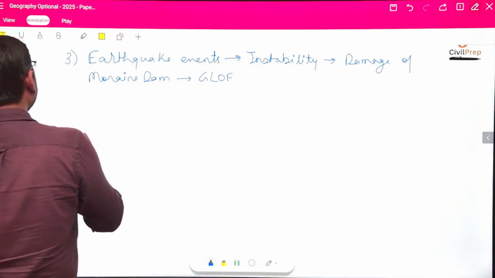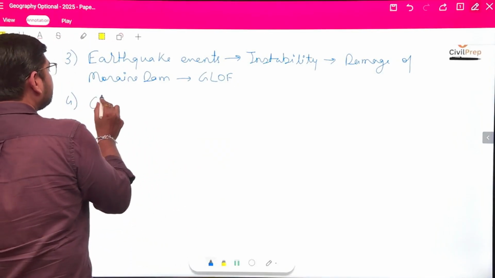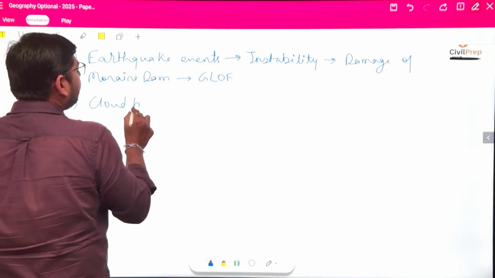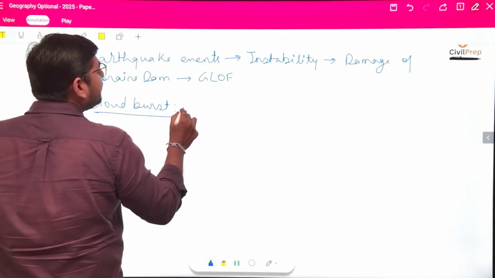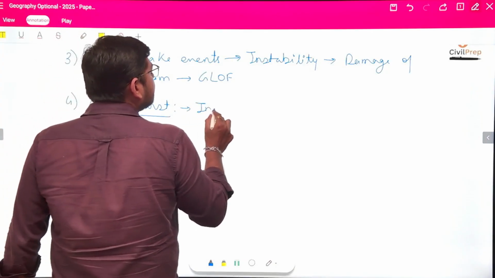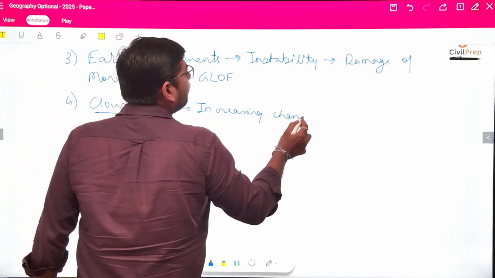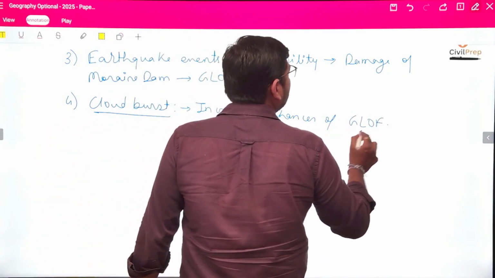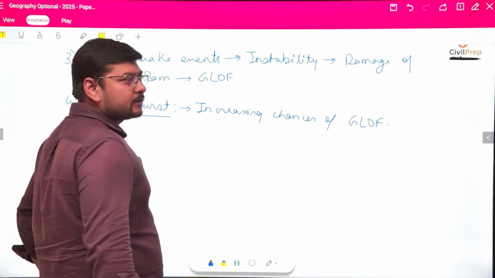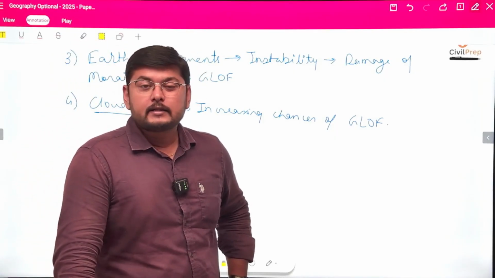Here we can give another factor: cloudburst. Because of cloudburst events also, there is an increasing chance of GLOF events. So these are certain causes happening in the contemporary time resulting in GLOF events.